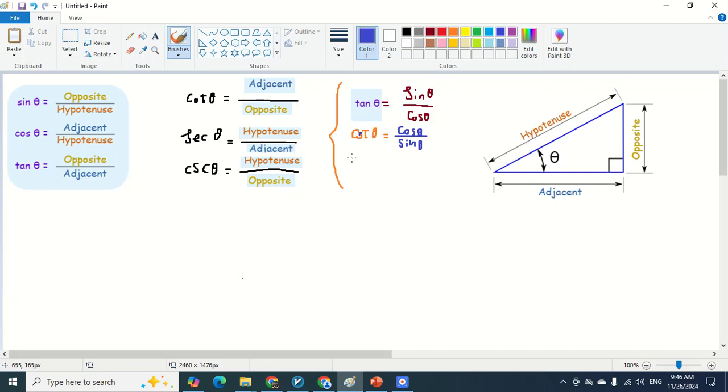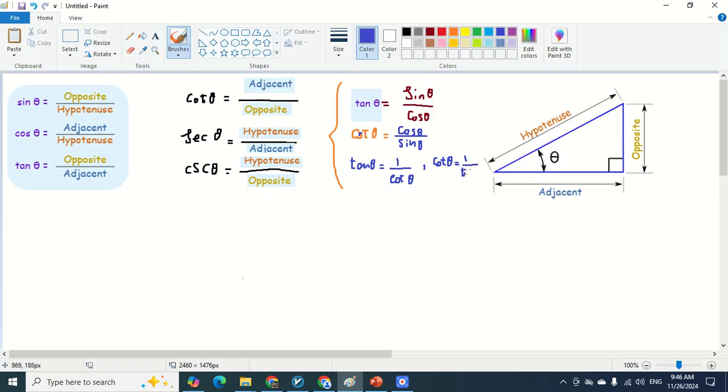In other words, tangent of theta is equal to 1 over cotangent, or cotangent is 1 over tangent. This is another identity that is an immediate consequence of our definition. So the cotangent of theta as well is the inverse of tangent, and you can write it as 1 over tangent of theta.